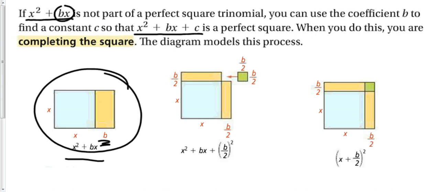And you can see what happens here. I take b, I divide it by 2, and then I add this little square bit. So I'm taking x squared plus bx, and I'm adding to it b over 2 squared. And now when I add that little green bit right there, I do have a perfect square binomial. That's what we mean when we say completing the square.